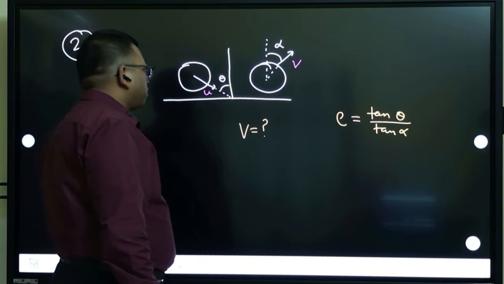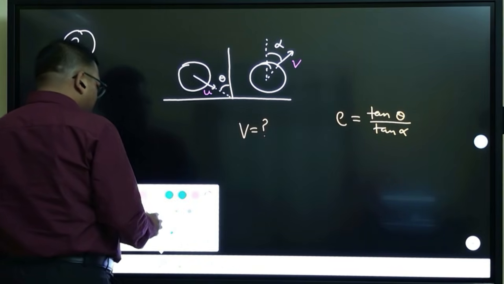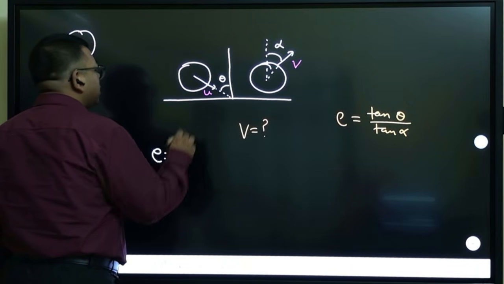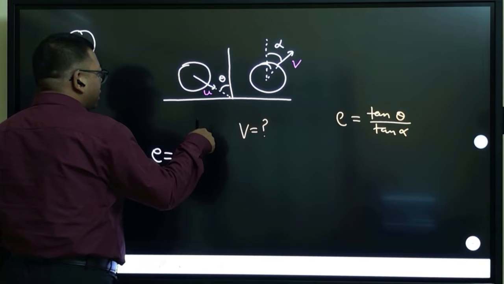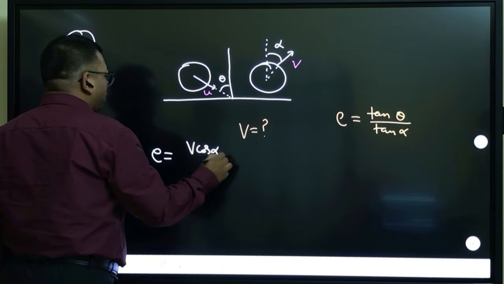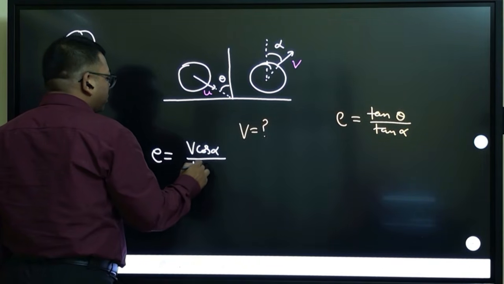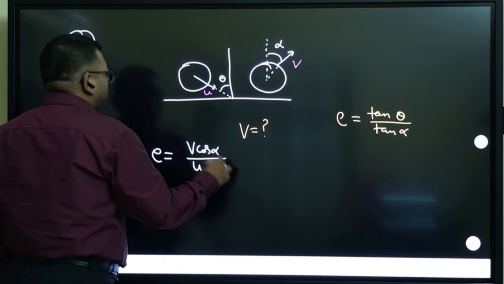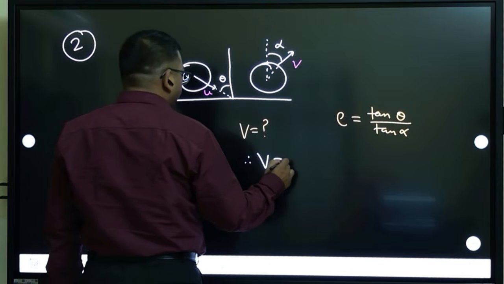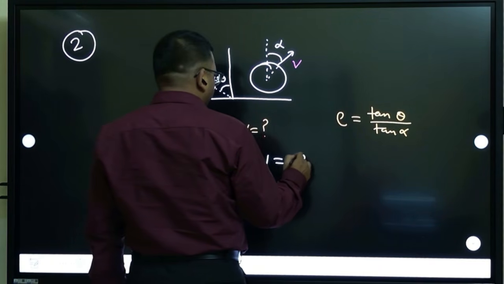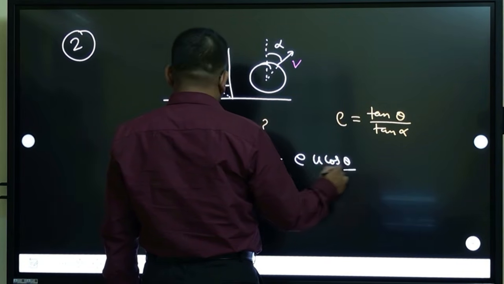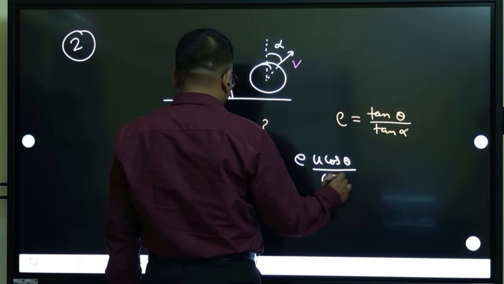Okay, now you tell me what we discussed about E also. We discussed E as the component in the vertical direction of approach, that means V cos alpha by U cos theta. Correct? That is what it is. So V we want to calculate. So V is equal to E times U cos theta by cos alpha.